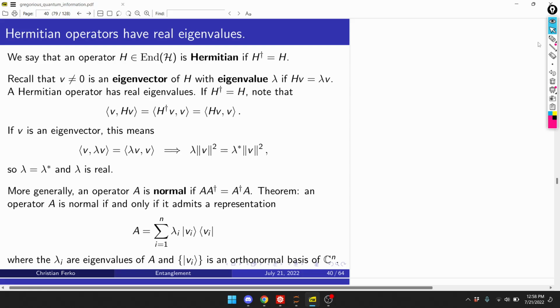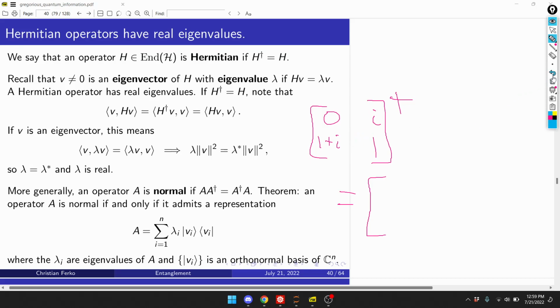Yeah, if you think of this as a matrix, here's an explicit example: 0, i, 1 plus i, 0, for instance. What does dagger do? Well, I do two things. I first flip the entries in the top right and bottom left.